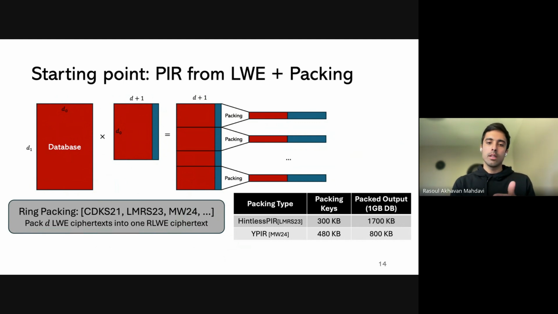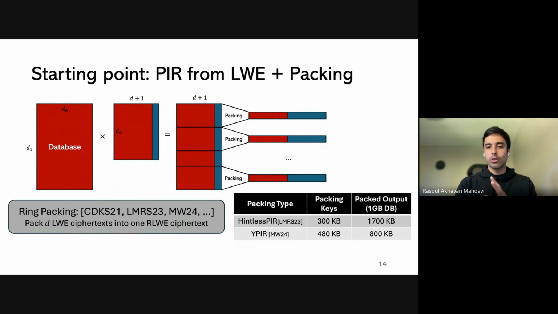For example, in the case of InsPIRe, they use a custom packing protocol that has somewhat smaller packing keys, only 300 kilobytes, but the size of the packed output is somewhat larger. And in the case of YPIR, they use a different packing procedure that existed in the literature that has larger packing keys, about 480 kilobytes, but can produce a more packed output.